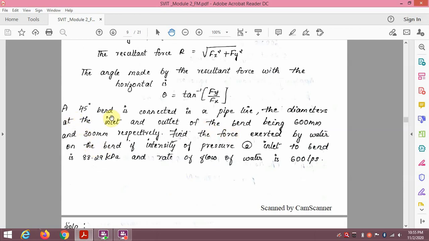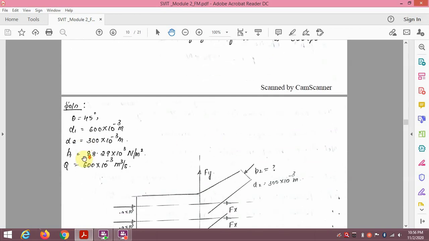A 45-degree bend is connected in a pipe line. The diameter at the inlet and outlet of the bend being 600 mm and 300 mm respectively. Find the force exerted by the water on the bend if the intensity of pressure at inlet to the bend is 88.2 kPa and rate of flow of water is 600 liters per second.